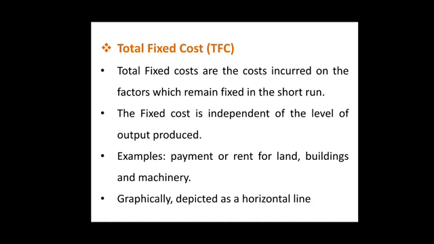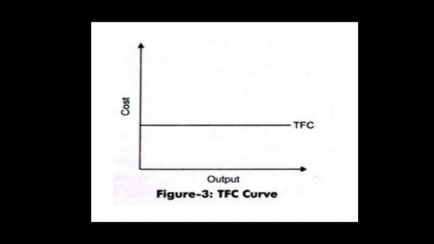Examples of fixed costs include payment or rent for land, rent for buildings, payment for machinery, insurance premium, etc. Graphically, the total fixed cost curve is shown as a horizontal line parallel to the output axis.